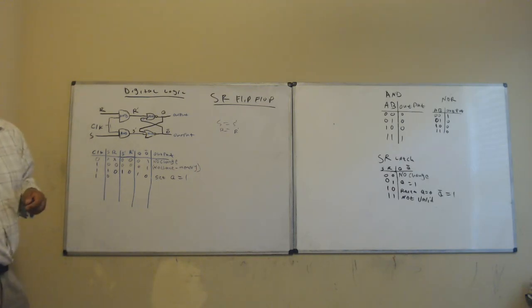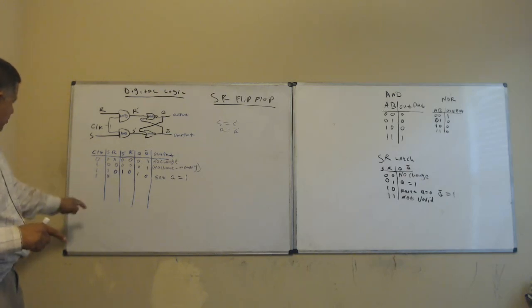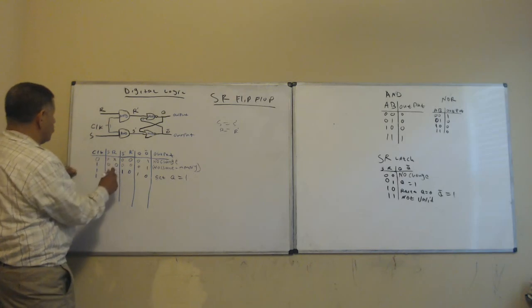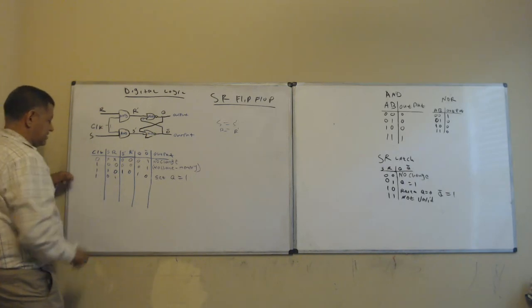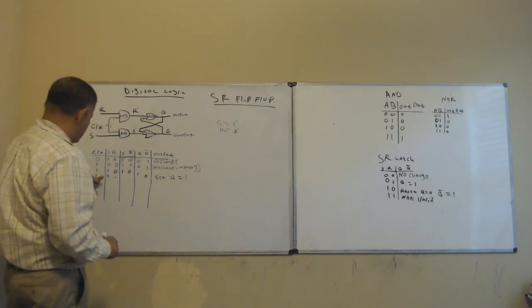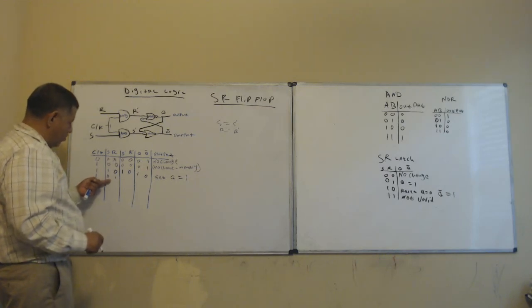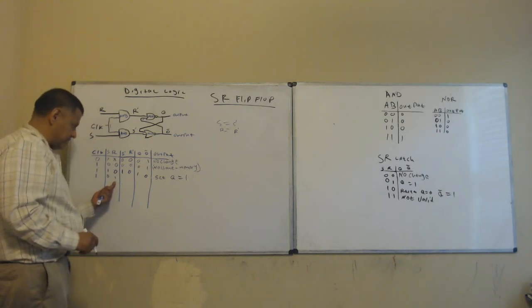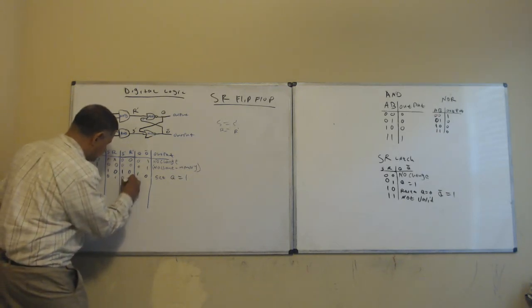We reset S to 0 because it was 1, now it's 0, and Q was set to 1. By setting this to 0, we're resetting. Hopefully this makes sense, and it's the same over here.